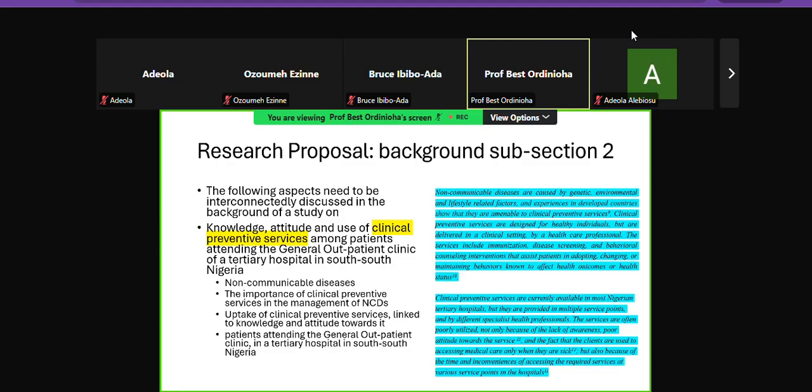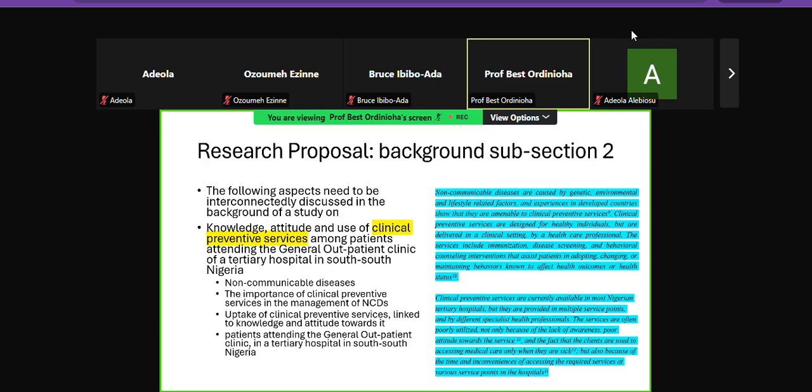I'm going to give you an example. An example is the CAP study: the knowledge, attitude, and use of clinical preventive services amongst patients attending general outpatient clinic of a tertiary hospital in South Nigeria. So that is the research topic. What are the important things there?